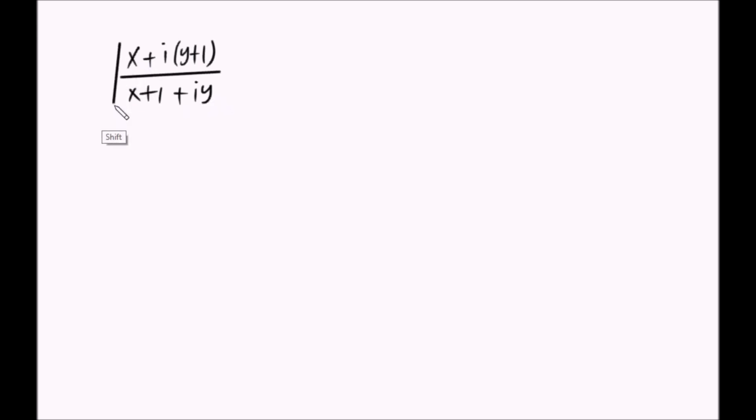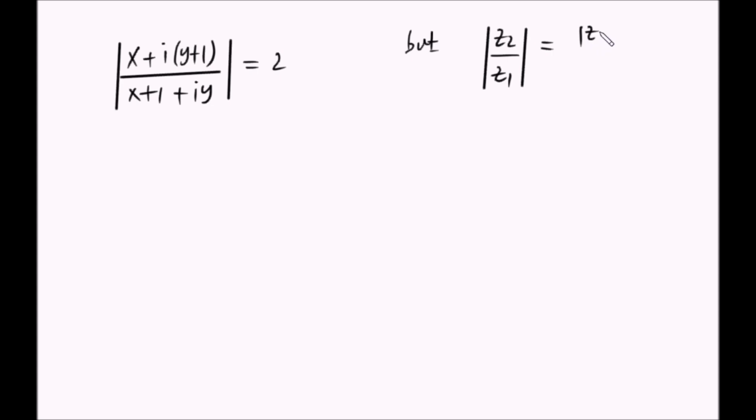So it says that the modulus of this is equal to 2. Now remember that we studied that the modulus of complex number z2 over z1 is just the same as the modulus of the complex number z2 over the modulus of the complex number z1.